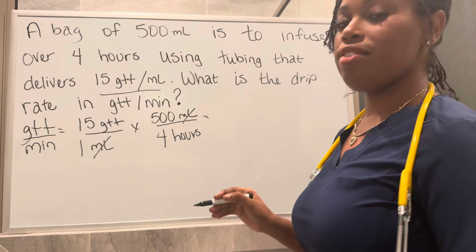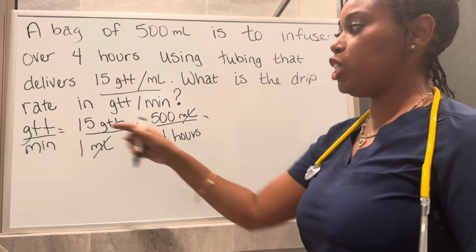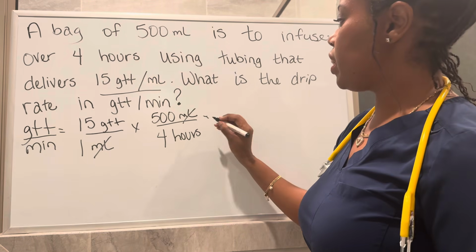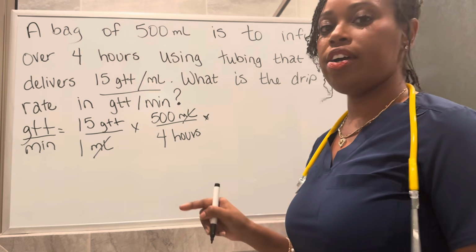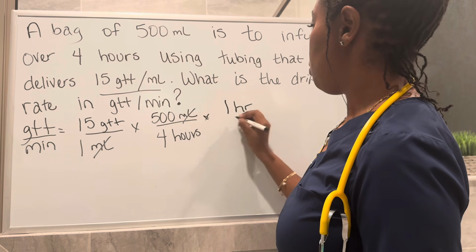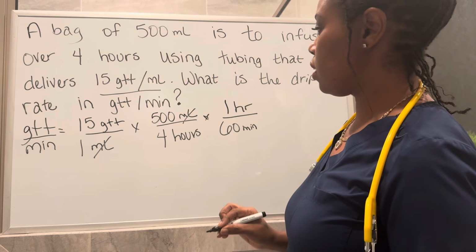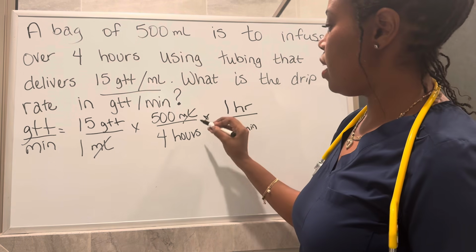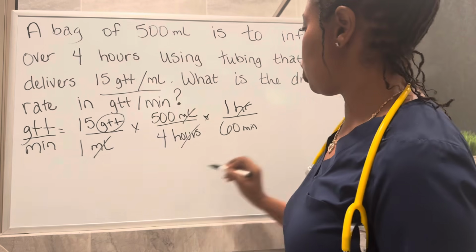But it looks like I have left drips per hours. I don't need drips per hours. I need drips per minute. All right, so then that's when I'll further break this down, and I know that there's 1 hour per 60 minutes. Okay, so if I cross this out and this out, I'm left with drips per minute.